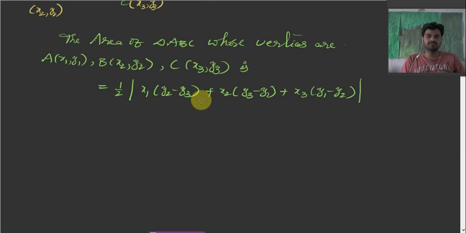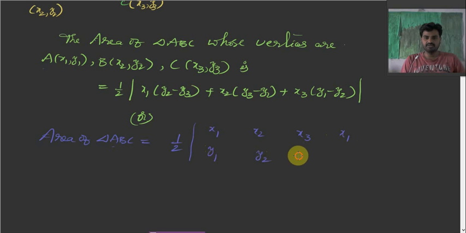Now I am going to discuss the remaining formulas. The area of triangle ABC is equal to half into the modulus of, where the vertices of the triangle are A, B and C. In these 3 points we first write the x coordinates: x1, x2, x3, and then x1 again. In the second row you write y1, y2, y3, y1, the second coordinates of each point.